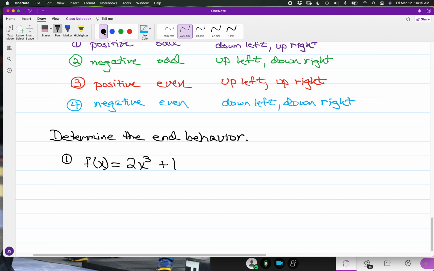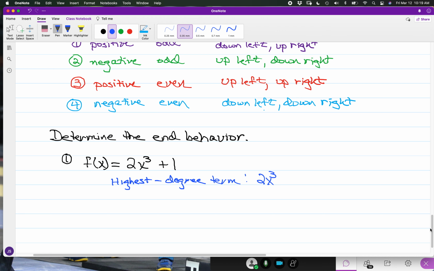Since I'm comparing two terms, it really should be a higher degree term, but it's the same effect. So the higher degree term we have is 2x cubed.